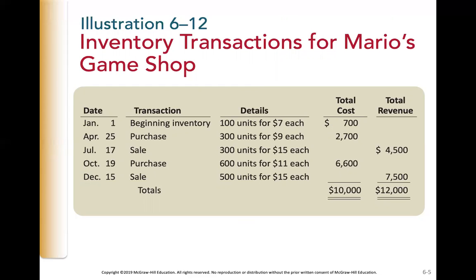Then on July 17th, he sold 300 units for $15 each. On October 19th, he purchased 600 additional units for $11 each. And then on December 15th, he sold 500 units for $15 each. We're going to take a look at these transactions now using the perpetual inventory system.